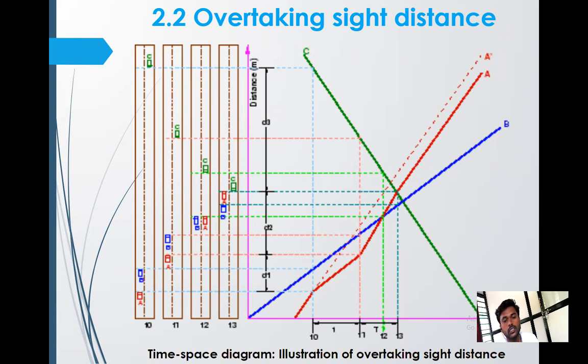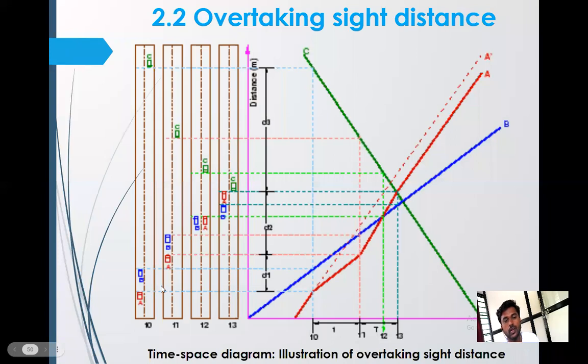So this is the time space diagram illustration of the overtaking sight distance. Please see very carefully. I will show what it indicates.